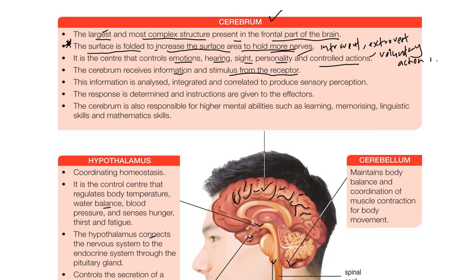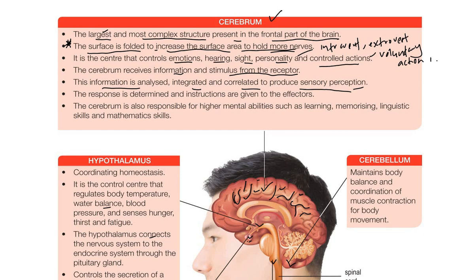Okay, so this information is analyzed, integrated, and correlated to produce sensory perception. Sensory perception means the process of detecting stimuli, recognizing the stimuli, and then producing an appropriate response. For example, our eyes.